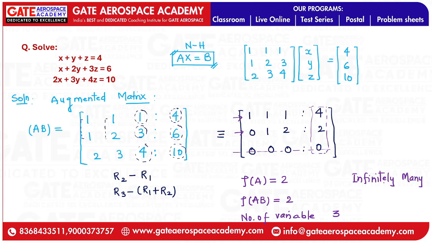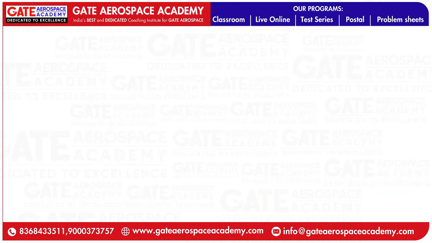Sometimes in GATE they just ask about this only, infinitely many solutions or unique solution. So we already got one answer. Sometimes they extend these questions also, so we are trying to solve that part also. But hope you recognize the power of that table. So please remember that table. That table will help you a lot, my dear.